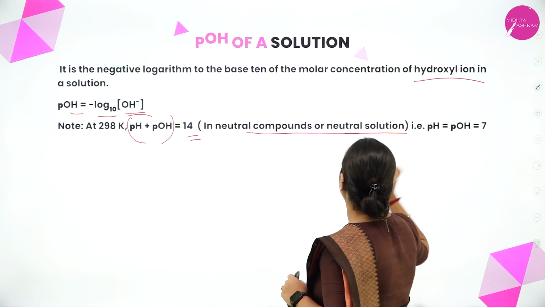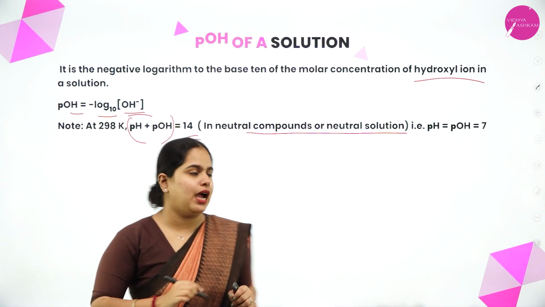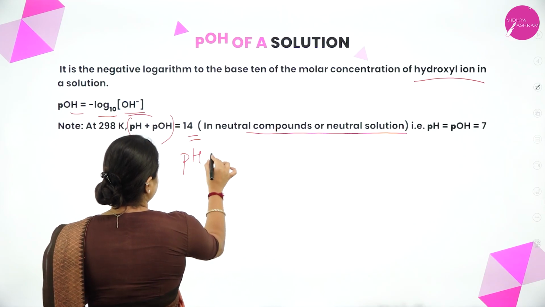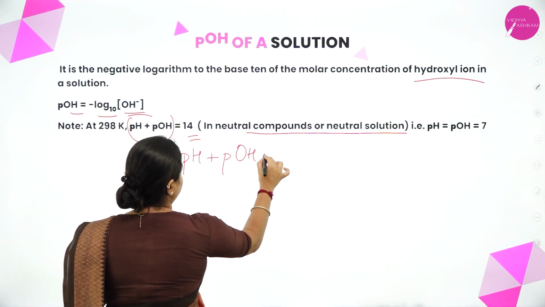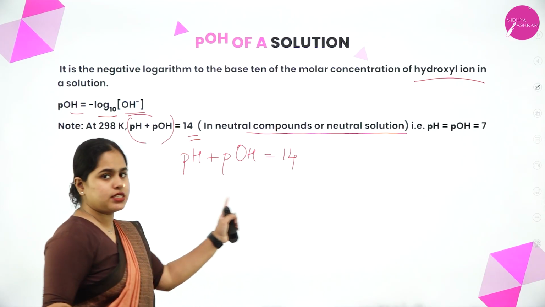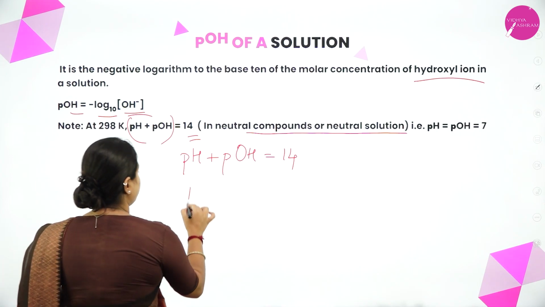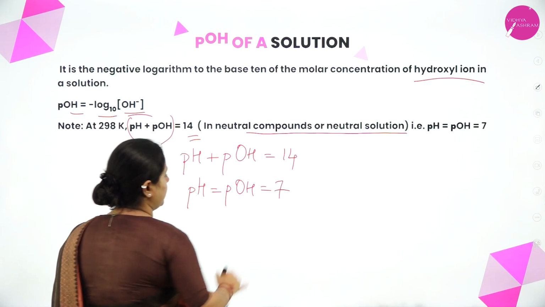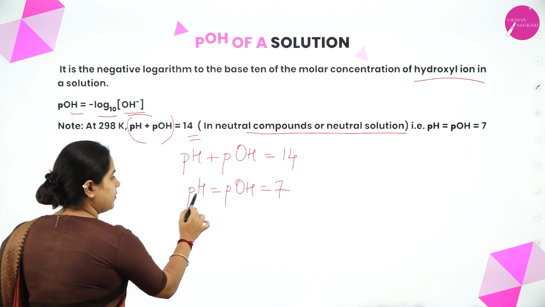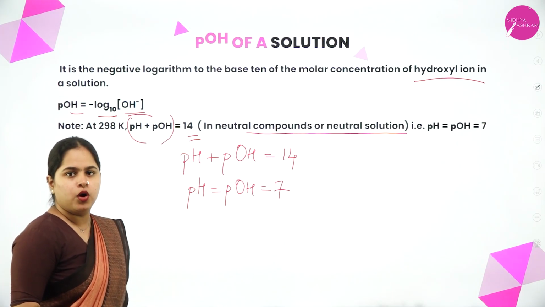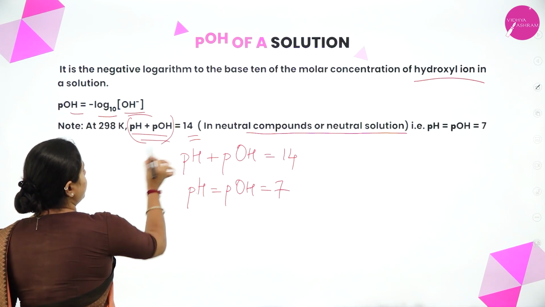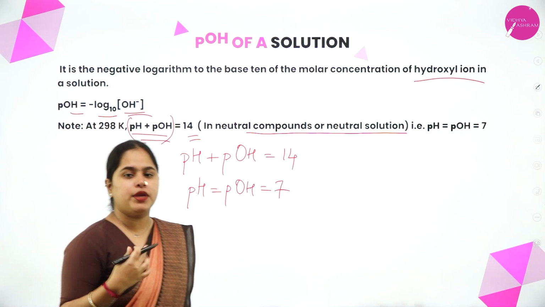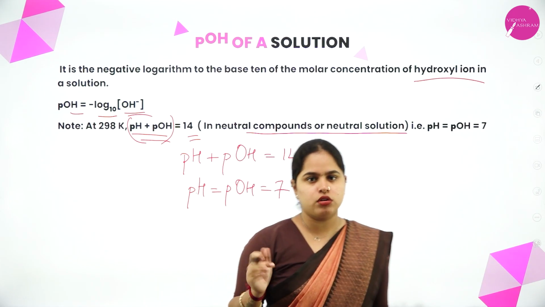In a neutral solution, pH will be equal to pOH will be equal to 7, and 7 plus 7 gives you 14. This point is very important: at 298 Kelvin, pOH plus pH will be equal to 14.